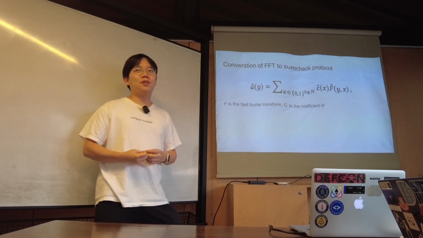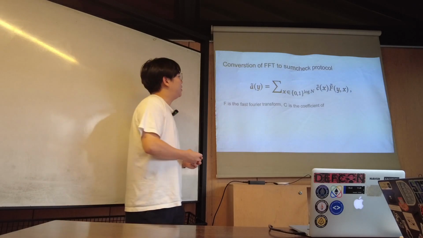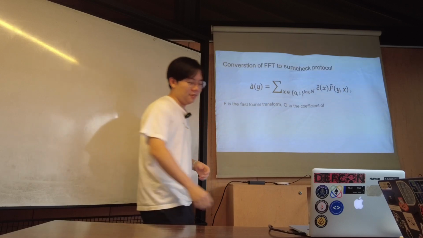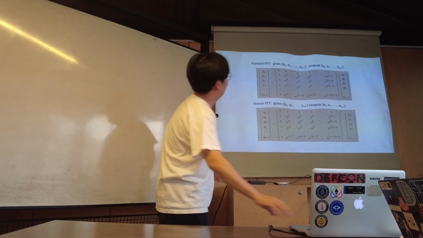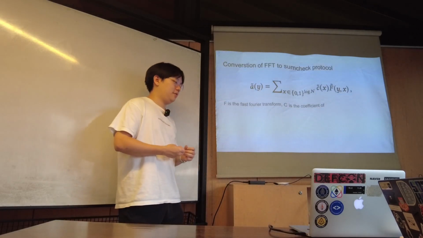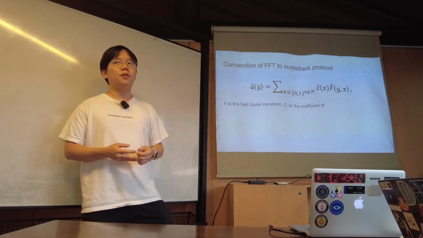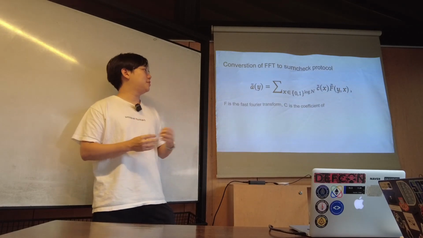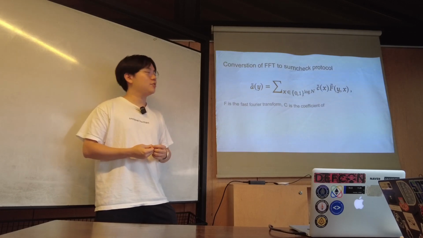Just to give you a brief overview of how it works, I'm still in the process of reading it. You want to represent this as a sum-check, where f is the fast Fourier transform and c is the coefficient of the polynomial. Then you want to represent this as a multilinear expression.